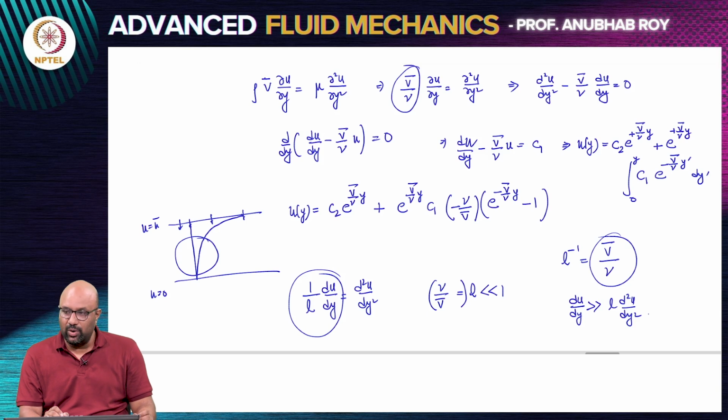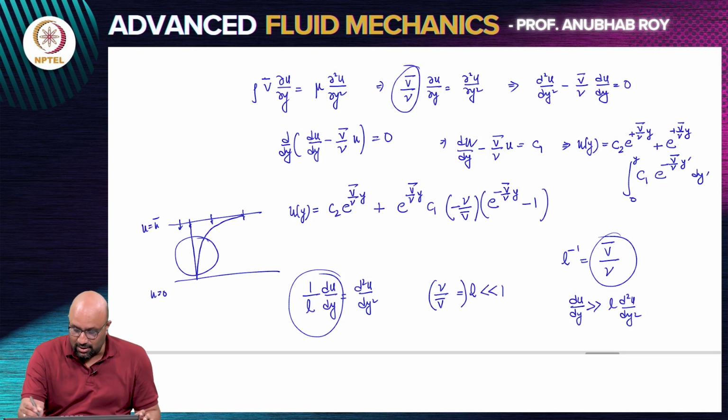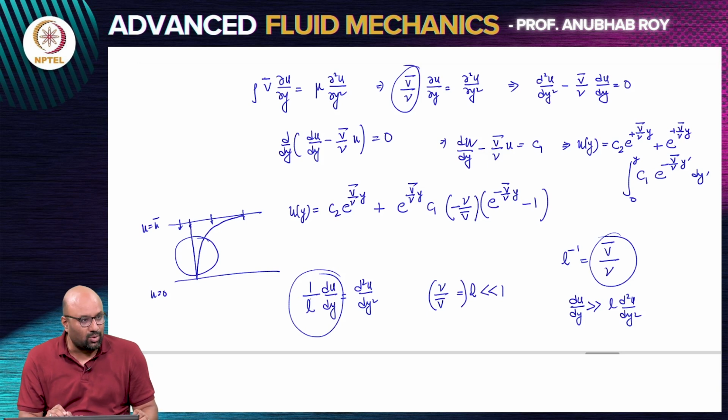If I just do it without putting too much thought, without getting stuck in the algebra of finding the constants, think of the differential equation. The differential equation is d square u/dy square is equal to an inverse length times du/dy. Now, if this length, nu by v bar, was small, then I can start thinking that one side is much more dominant over the other.